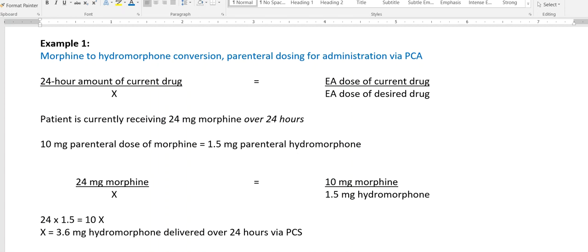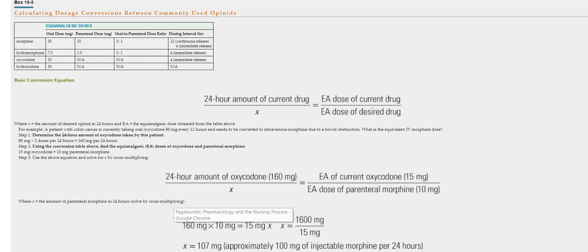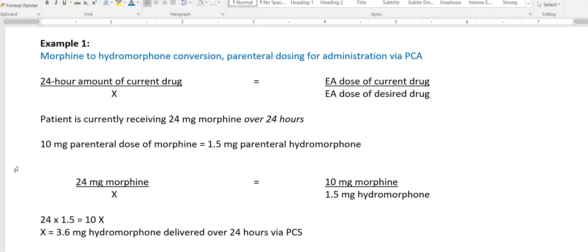If we look back at the equianalgesia table, we see that 10 milligrams of parenteral morphine is equivalent to 1.5 milligrams of parenteral hydromorphone. So 10 to 1.5. So I've written that down here. 10 milligrams of parenteral morphine is equivalent to 1.5 milligrams of parenteral hydromorphone.